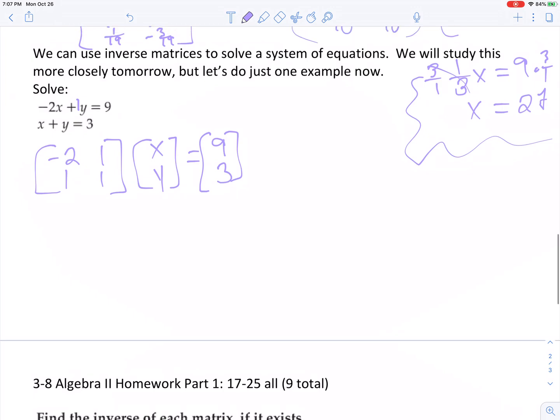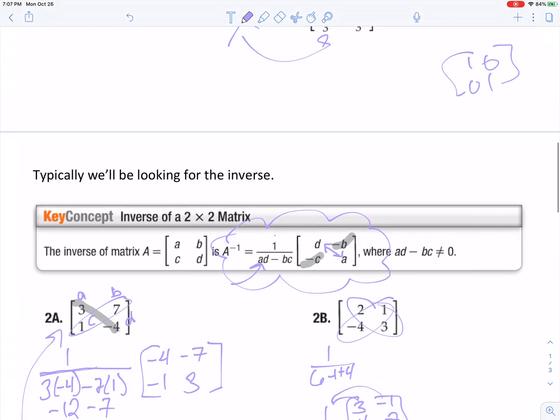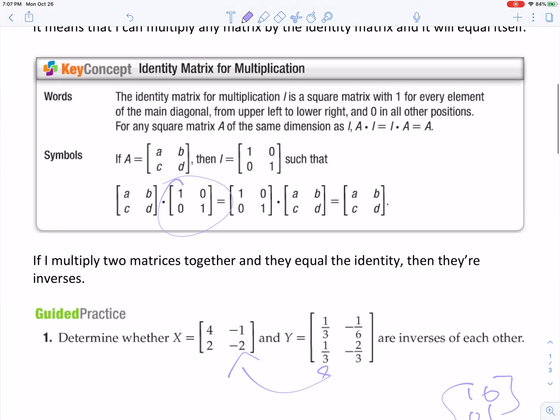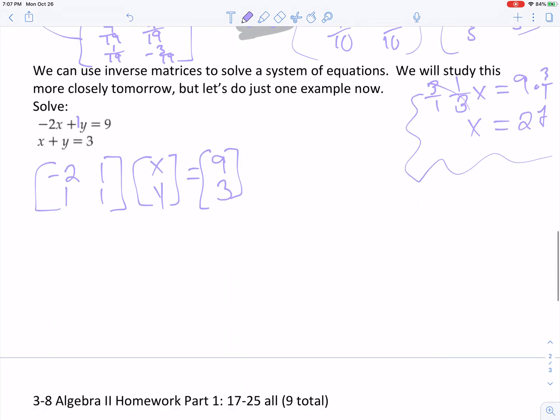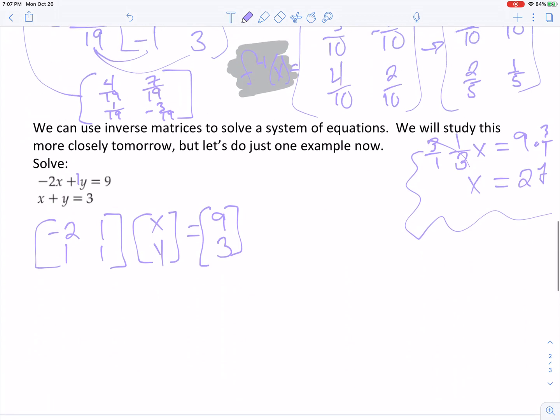So if you remember yesterday, I was talking about how when you have this 1001, that's like, quote, canceling, right? That's what's going to happen here. So you're going to need to multiply by the inverse of this matrix so that you can make it, quote, cancel. So first I'm probably going to need to find that inverse matrix. So again, that formula is 1 over the determinant, which is -2 times 1, minus 1 times 1.